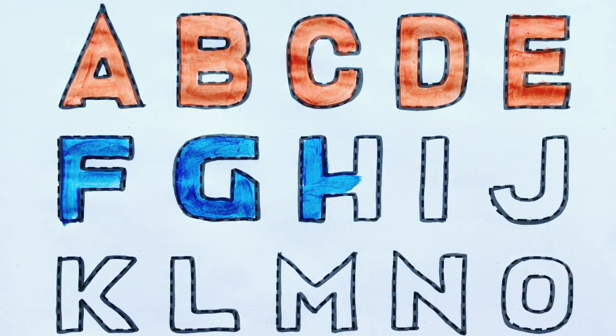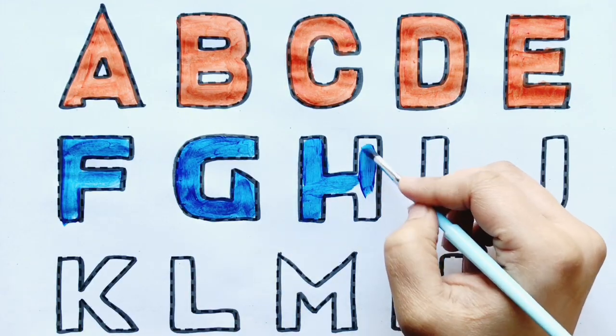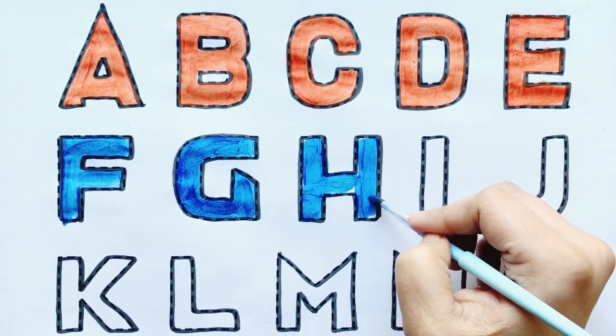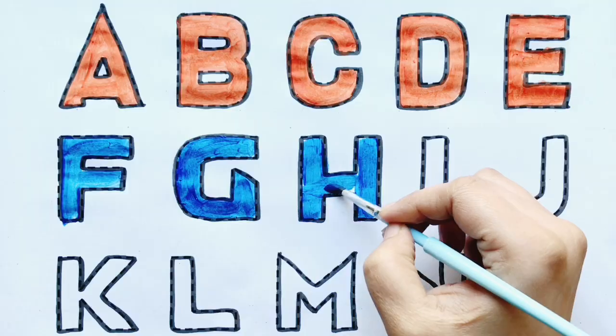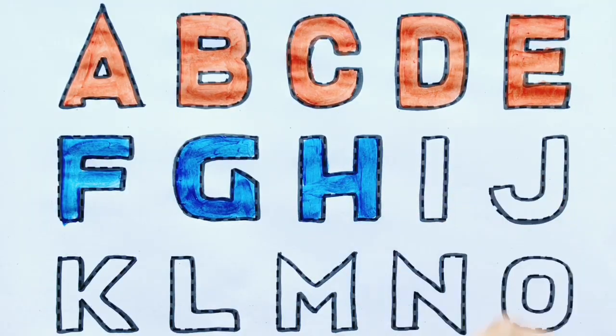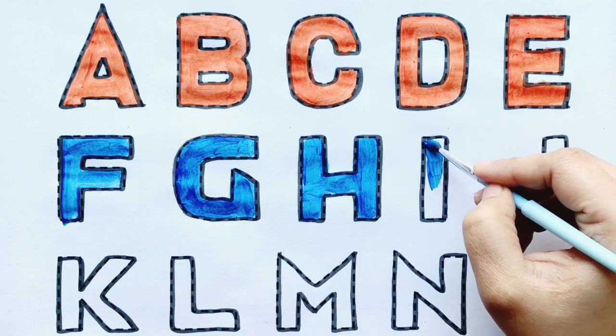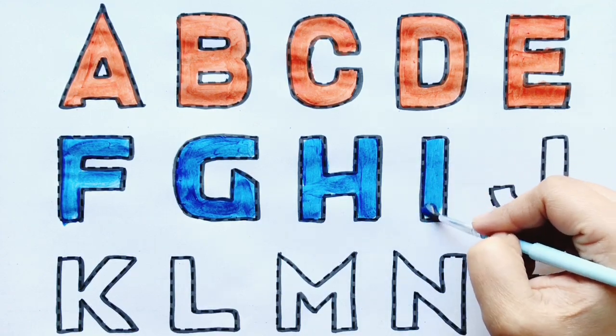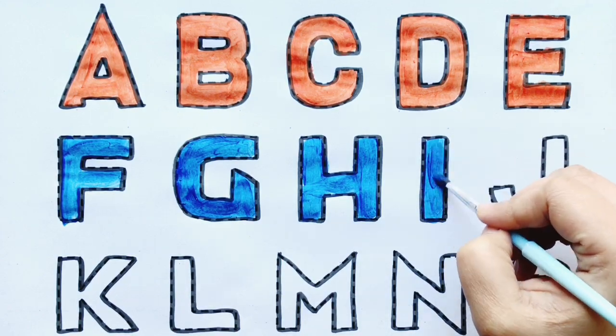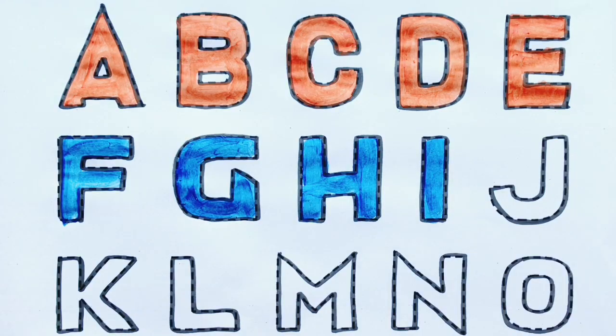H for house. Let's see a list of words that start with the letter A. Apple, angel, address, animal, answer. April, I for ice cream. Ambulance, airplane, arrow. Alligator.